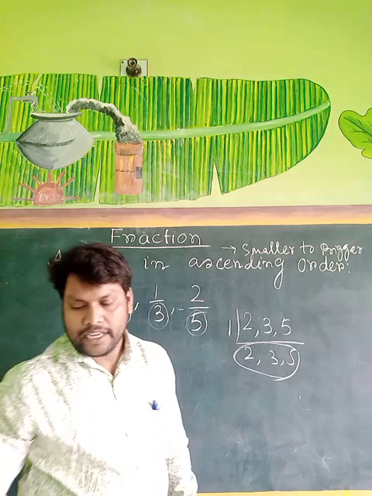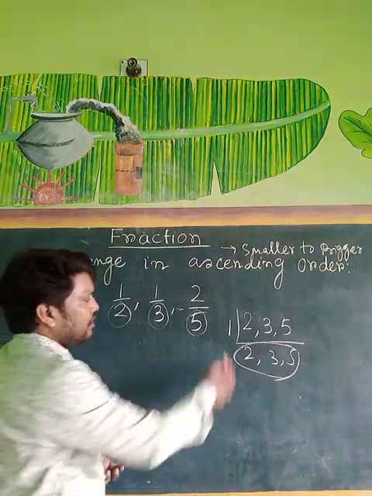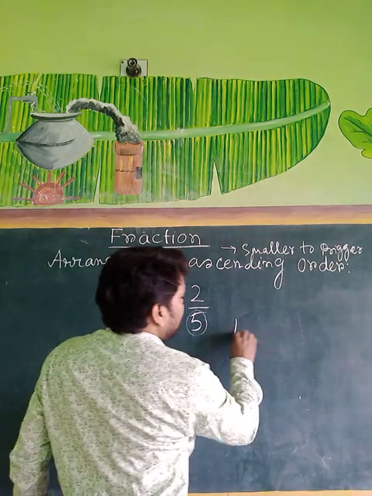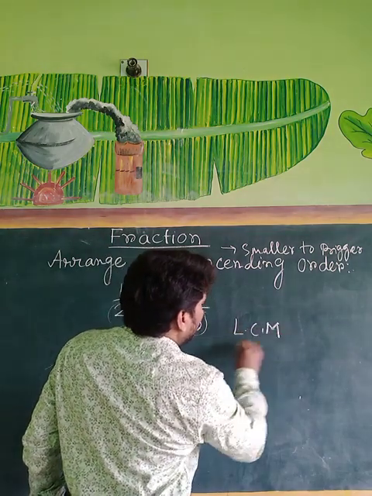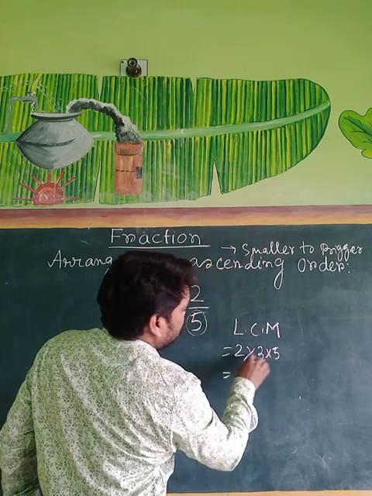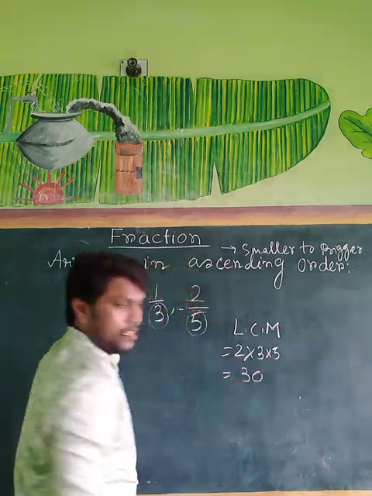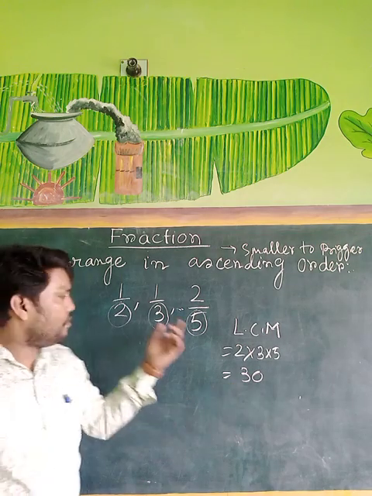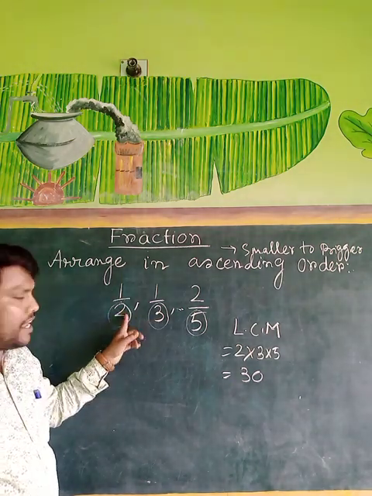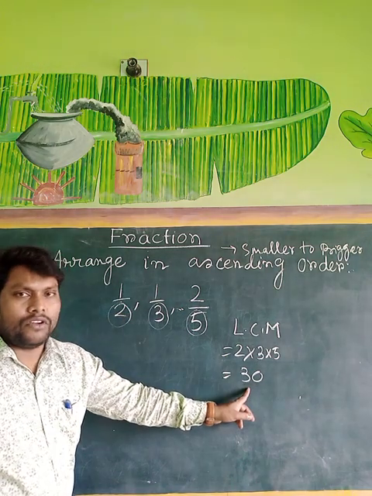So when you find the denominators are unlike, that means different, always find their LCM by the product 2 into 3 into 5. So 2 3s are 6, 6 5s are 30. So 30 is the LCM. Now try to convert each fraction's denominator into 30.